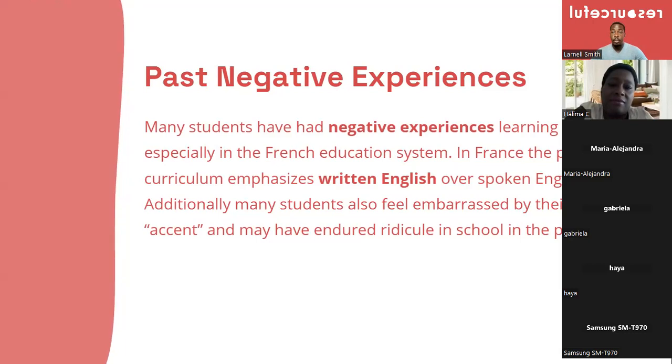Almost exclusively the homework and the activities they're doing are about writing and understanding writing, so reading comprehension. And additionally, I think there's a national tic, or a national obsession, if you will, with accent. And I think there's a lot of history behind that in France.